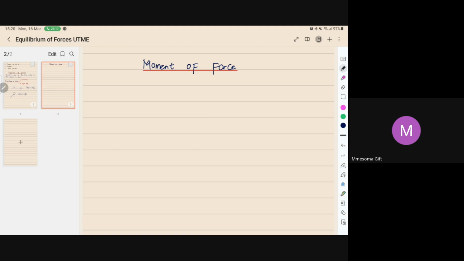So what is moment? Moment is simply the product of force and perpendicular distance of a line of force about a point.